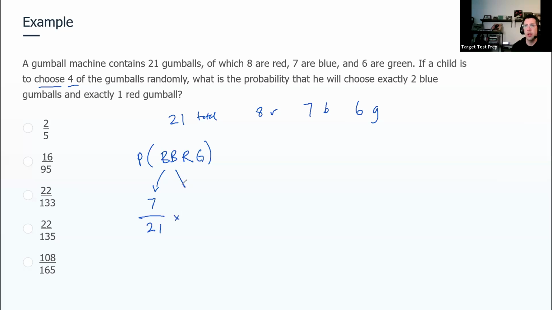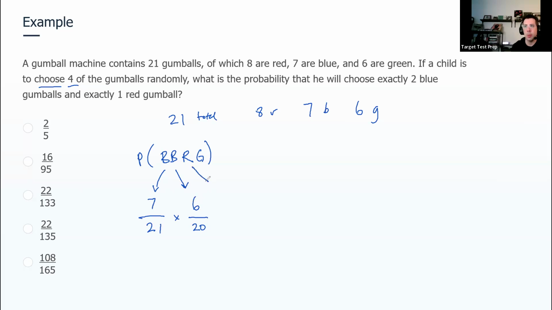And then we pick another blue. Now, we already picked one of the blues. So first of all, there's only 20 gumballs to pick from. And since we already picked one of the blues, there's only 6 blues left. So the probability that our second gumball is also a blue is now 6 out of 20.